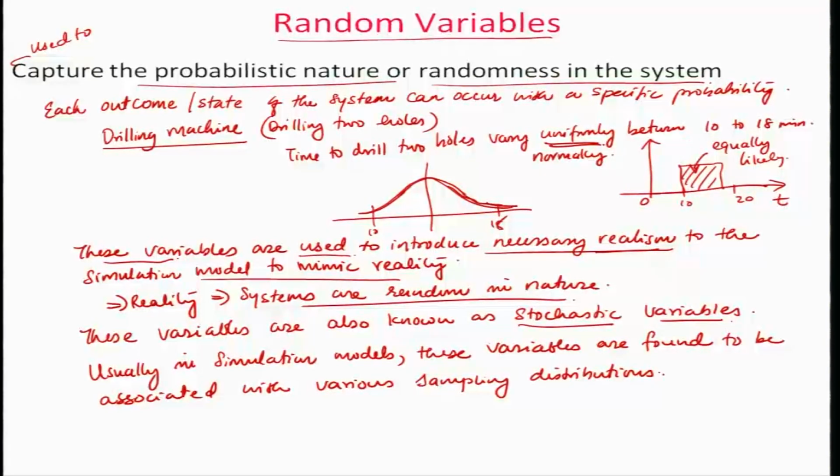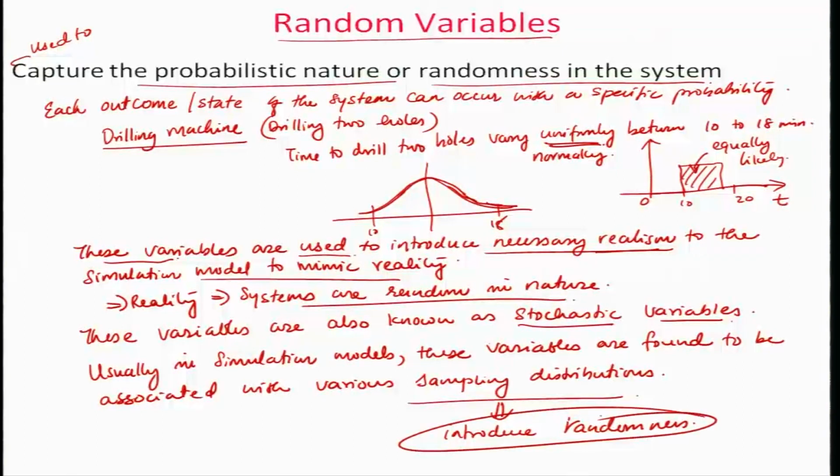So, what we are saying here is that various sampling distributions are used to introduce randomness. This is a broad statement. We will make it more exact as we progress later down the road.